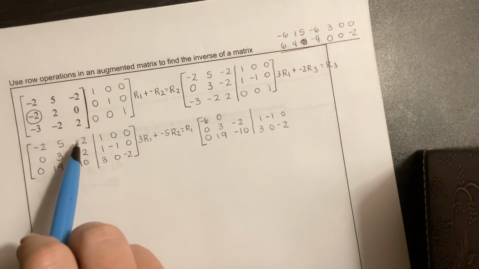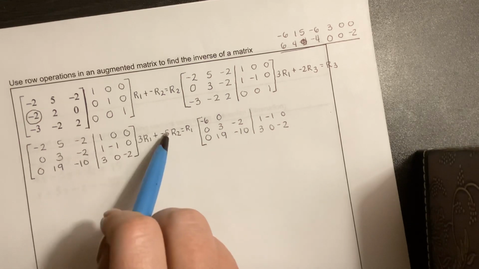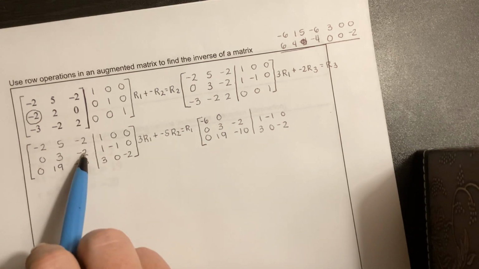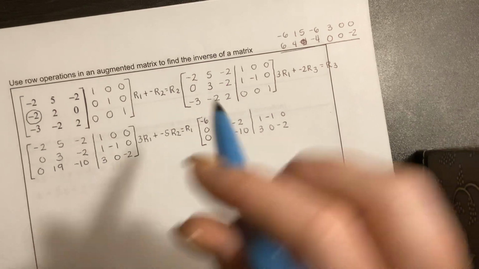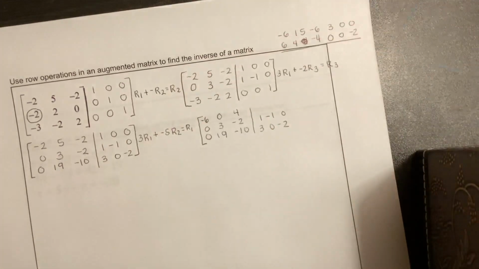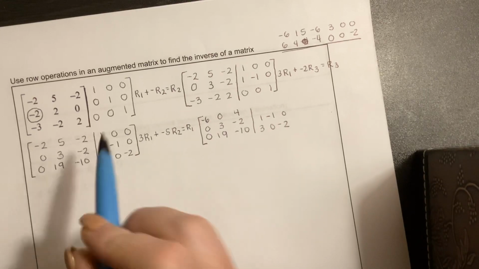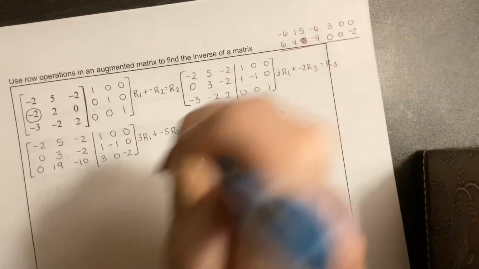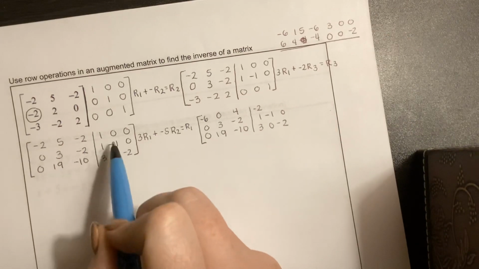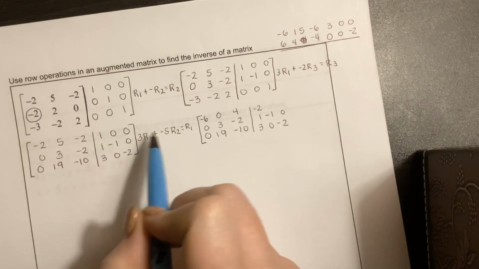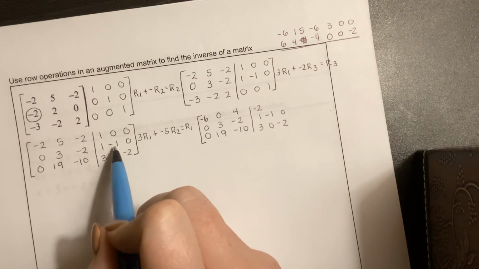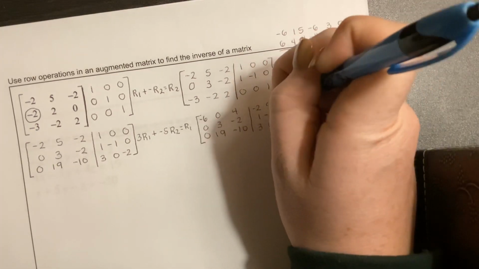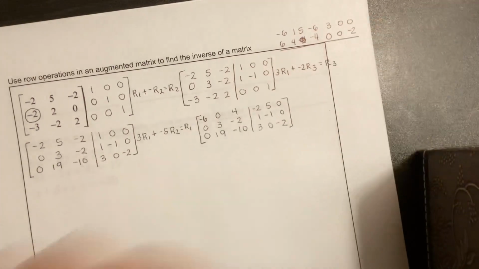This one's going to give me negative 6, and then negative times a negative gives me a positive 10. So negative 6 plus positive 10 gives me a positive 4. 3 plus negative 5 gives me a negative 2. Then 0, and negative 5 times negative 1 is a positive 5. So this is a positive 5, and this is going to stay 0.